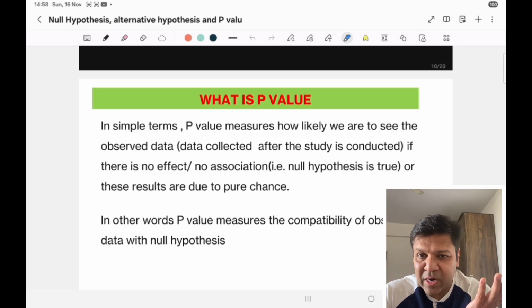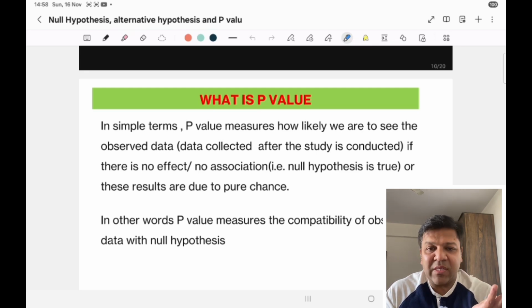So it seems counterintuitive, because we should have a metric which should tell us that data is significant for rejection of null hypothesis, because we are trying to reject the null hypothesis. But p-value tells us that if this data is showing that null hypothesis is true, then only p-value will be high.